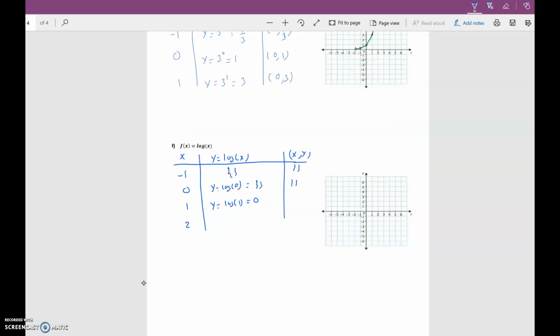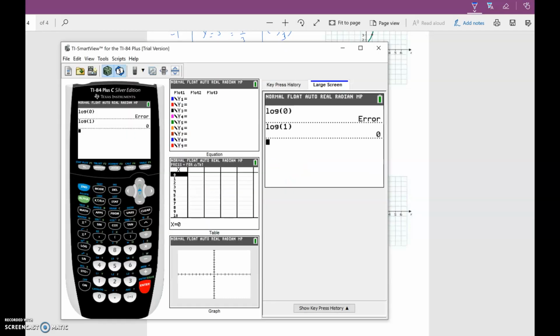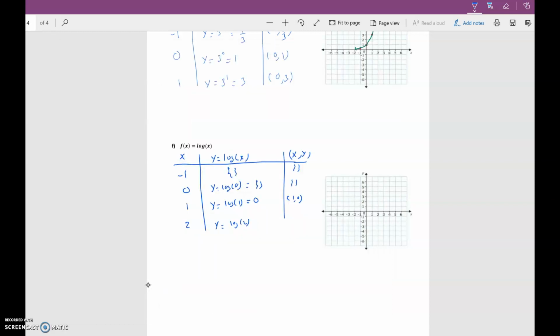So your coordinate point is 1, 0. Next, log of 2. Let me just retrieve that answer. It's about 0.30, approximately 0.30. So technically 2, 0.30. You only need 3 coordinate points, but this one came out to be a little bit different.